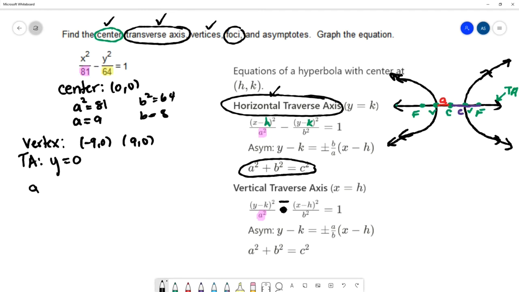So then I'll use this equation, A squared plus B squared equals C squared. 9 squared plus 8 squared equals C squared. 81 plus 64 is C squared, and that is 145.